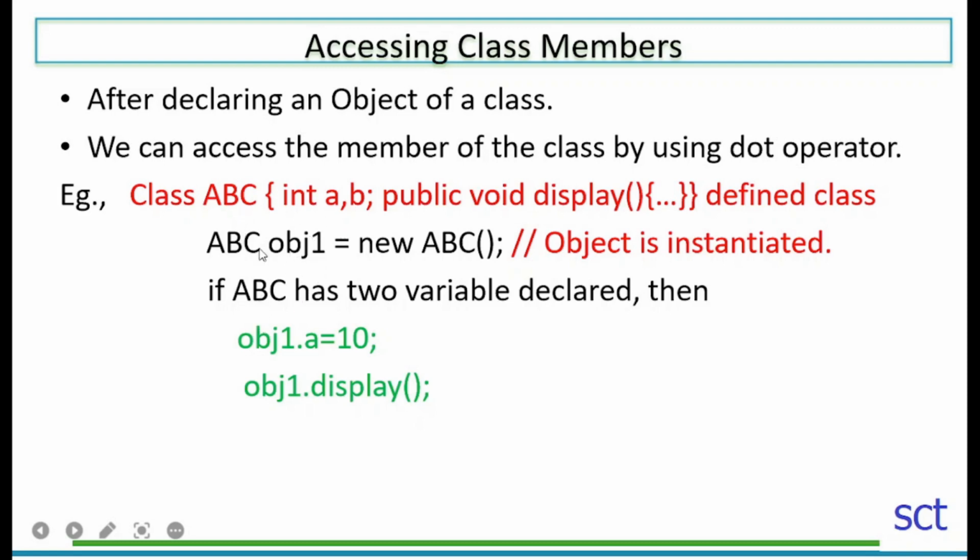Now by using this obj1, you can access a, and at the same time you can access the display function. So obj1.a is equal to 10, and you can call that display function by using obj1. So if you want to access the members of the class, you use a dot operator here.